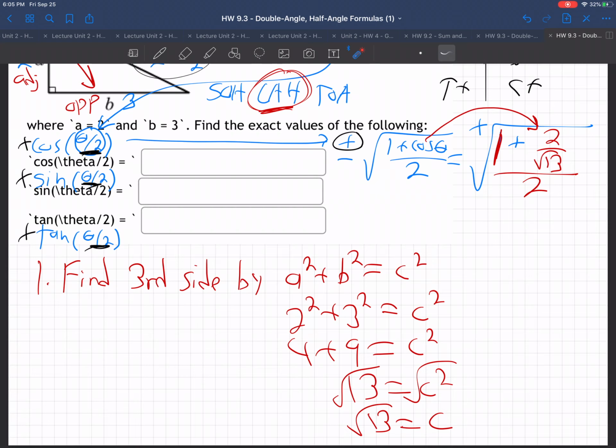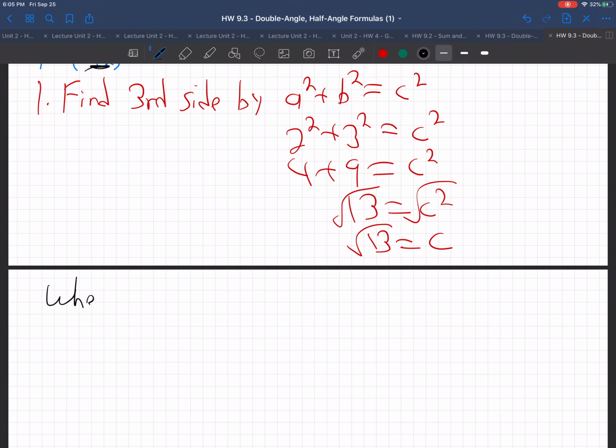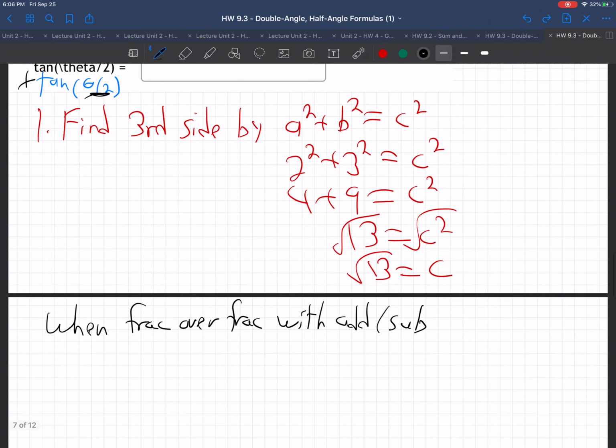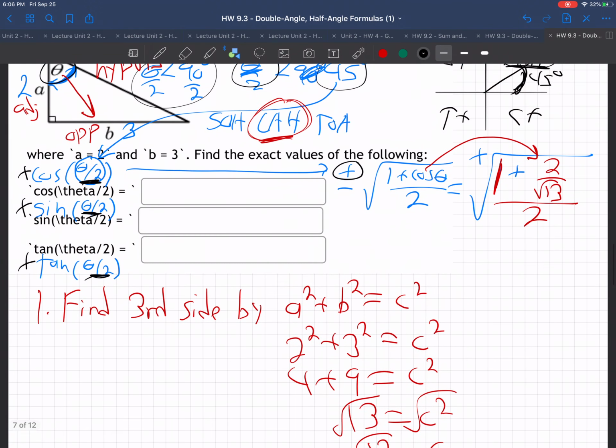Well, let me write a little note to be helpful. When we have fractions over fractions with adding, subtracting, which we do here, right here we've got adding, that adding and subtracting always makes things harder.